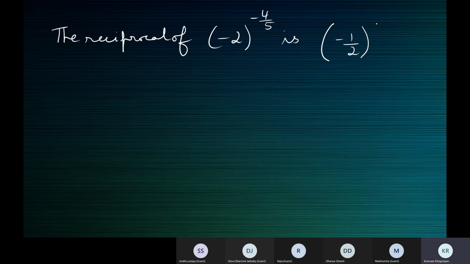Okay, now if you make both the changes, you're writing the equivalent of the given expression. If you make only one change, you're writing the reciprocal. Now, have you made one change? Yes, ma'am. Then what should I write the power as?